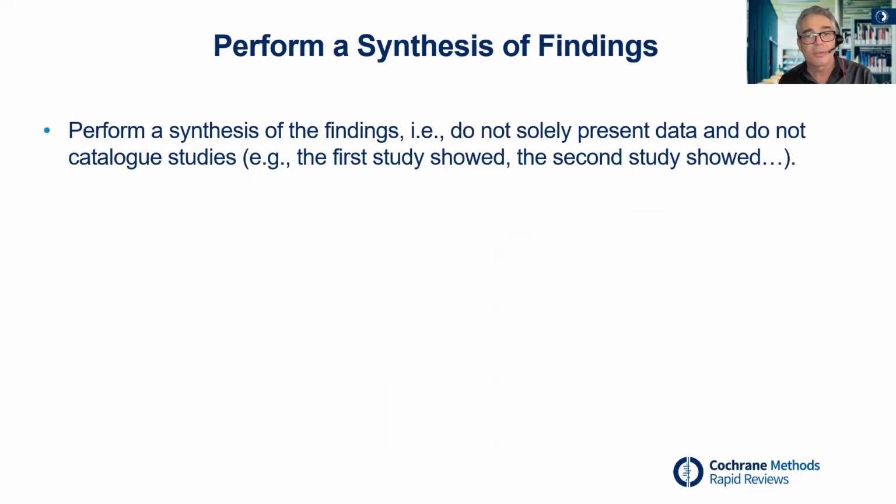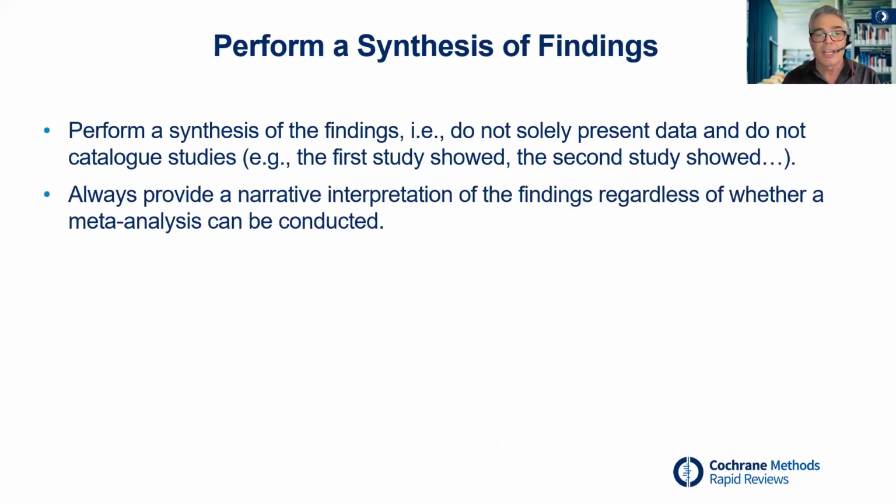The second recommendation is always perform a synthesis of the evidence. In other words, do not merely present data in a rapid review and expect readers to figure out what the data mean. Always provide some narrative interpretation of the evidence.